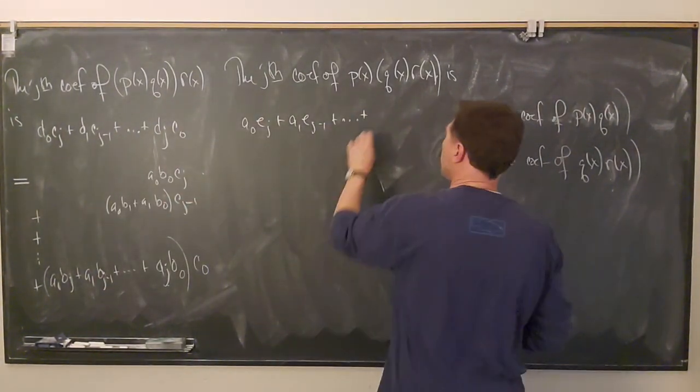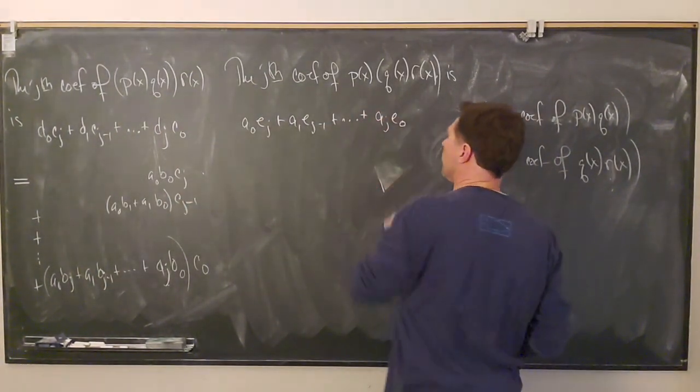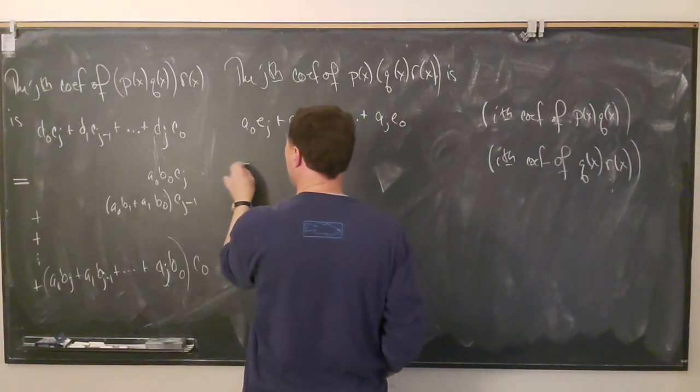Okay, and then this is going to be A sub j E0. And then we're going to blow this one out also.